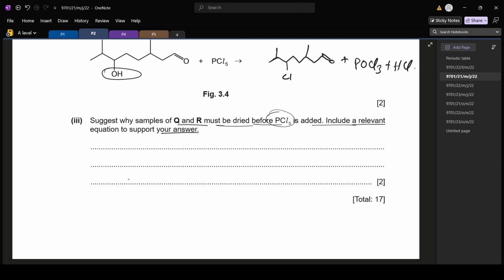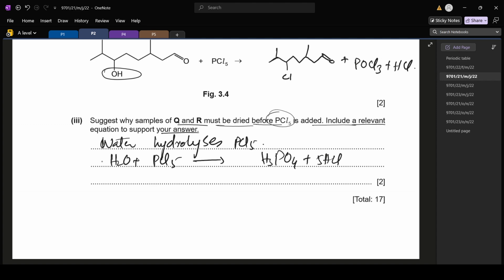So what is the reason? Water hydrolyzes PCl5. And the equation for this reaction is water reacts with PCl5 to form phosphoric acid and HCl.